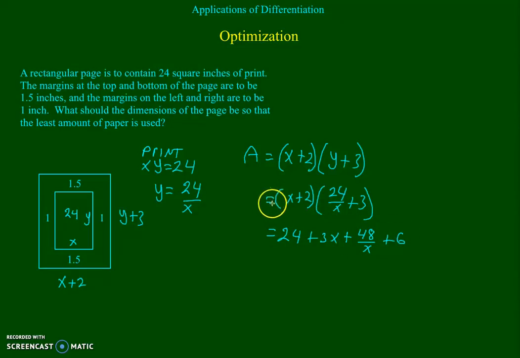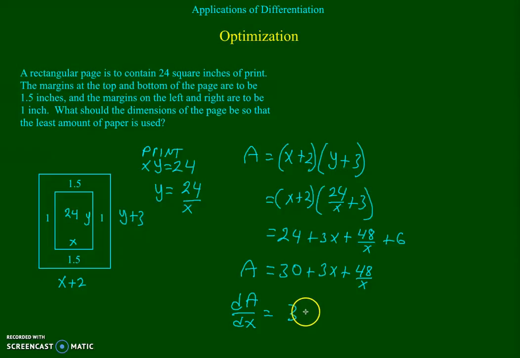Now, of course, this is all area. So when I simplify this, we have 30 plus 3x plus 48 over x. This is going to be the area function that we want to optimize. So let's take the derivative. dA/dx equals, this goes to 0.